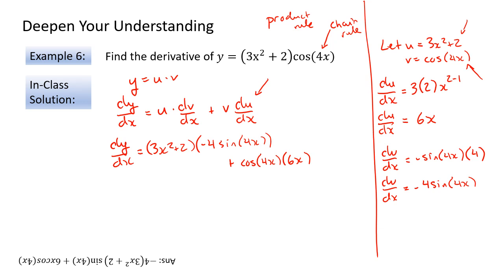So if I now simplify this, dy by dx is equal to negative 4 times 3x squared plus 2 sine 4x plus 6x cosine of 4x.